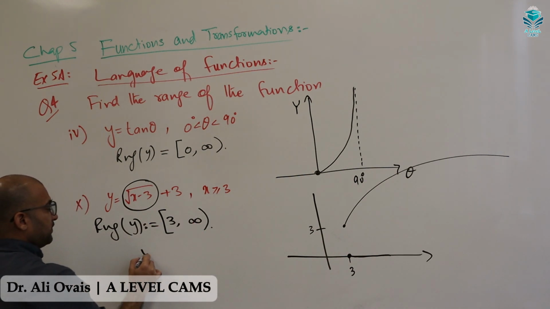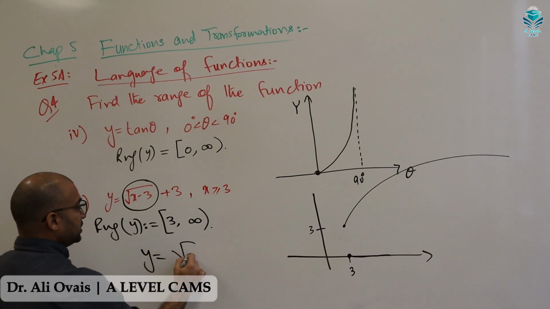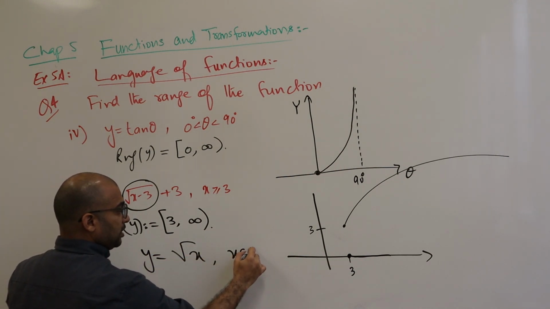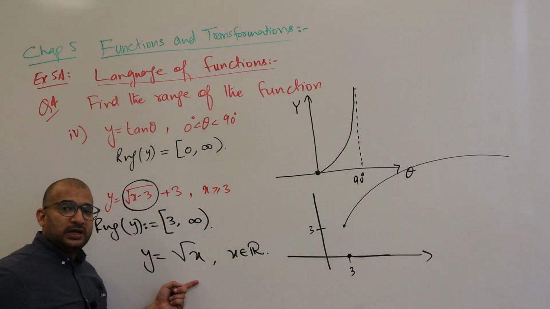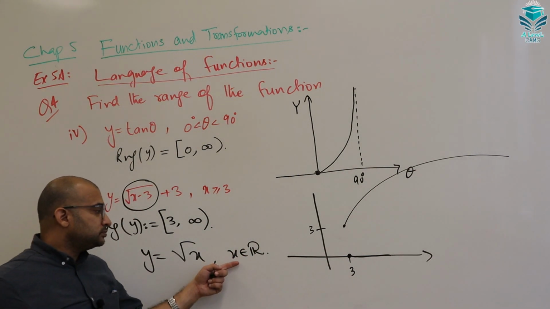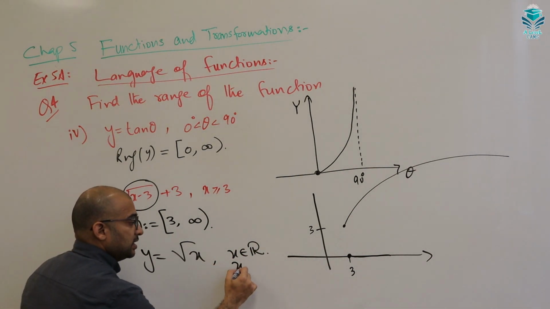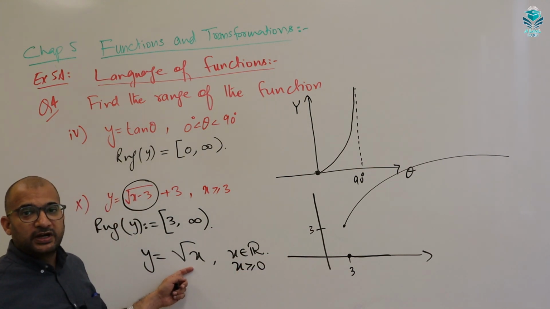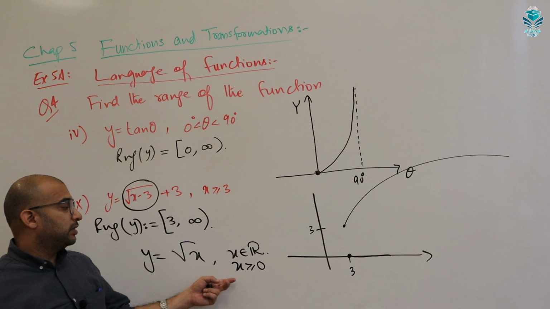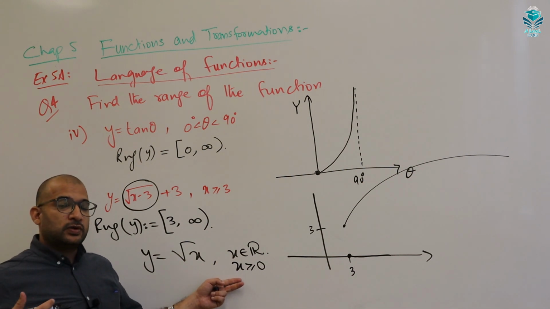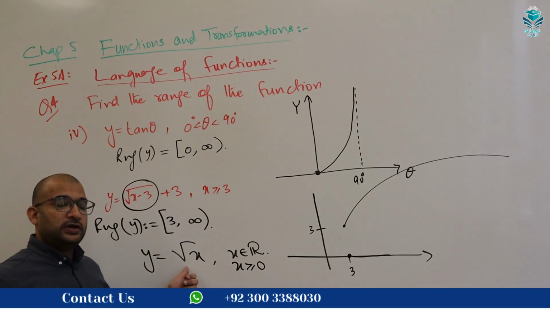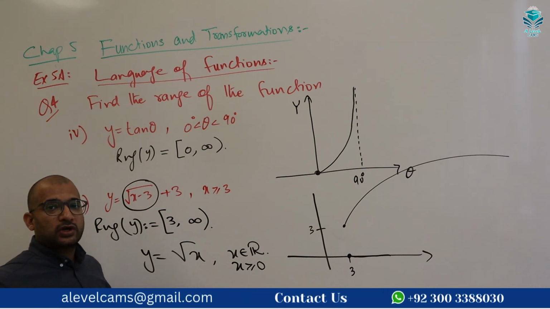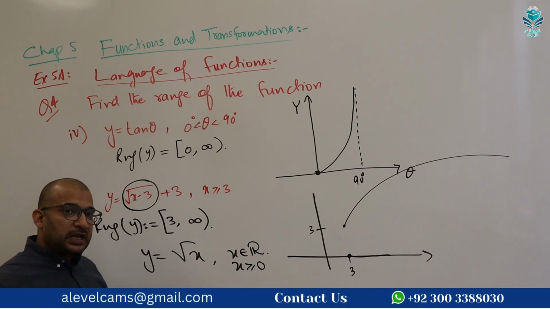But if we choose a function, let's say square root of x, and x is any real number, then the domain is not good, because if x is greater than or equal to 0 we can have a definite value of y, but when x is less than 0, the square root of a negative value will be imaginary, and we are talking about real numbers, so we cannot assume this.